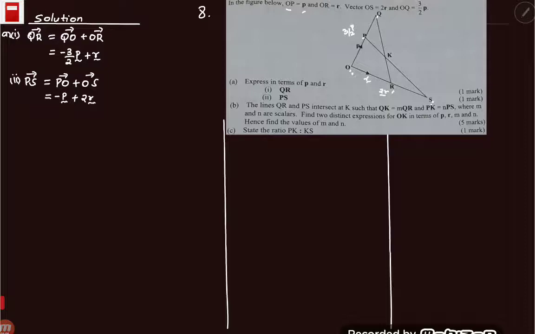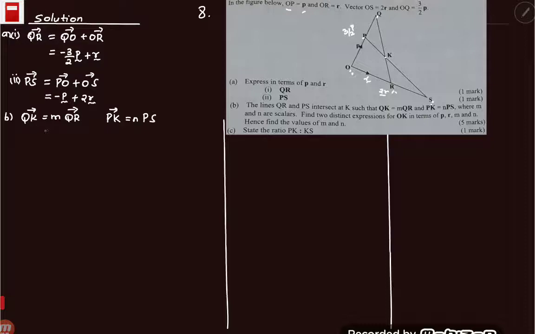Now part B, we are told that lines QR and PS intersect at K such that QK is equal to MQR and PK is equal to NPS.